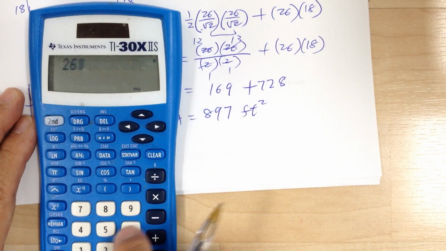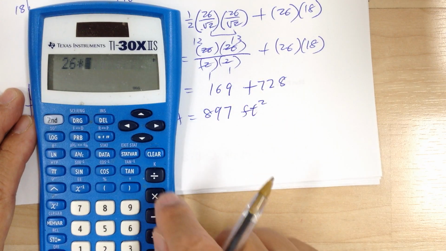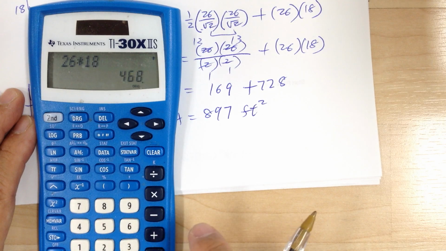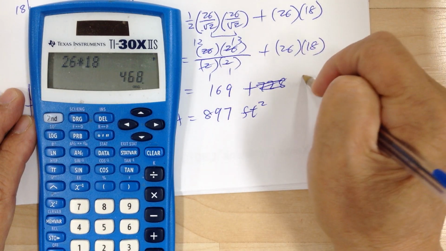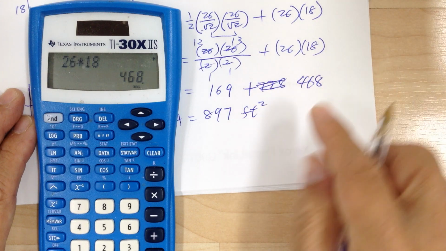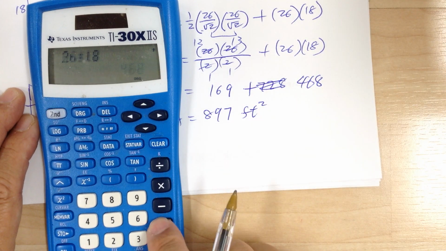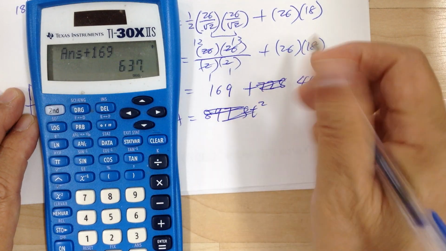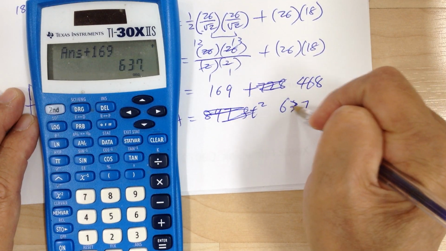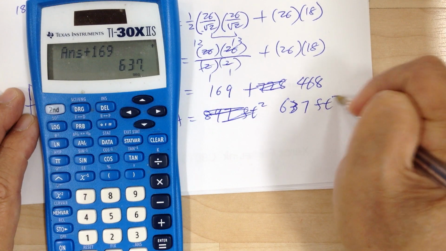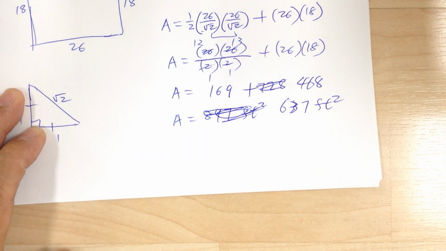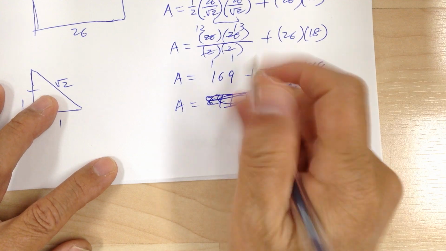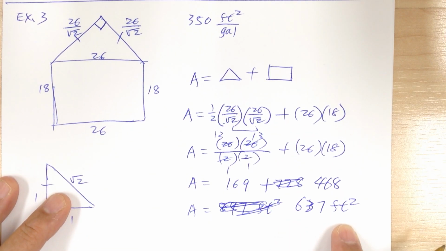Let me check that again: 26 times 18 is 468. Okay, now it's okay. Plus 169, so 637 square feet. Now the area of this would be 637 square feet.